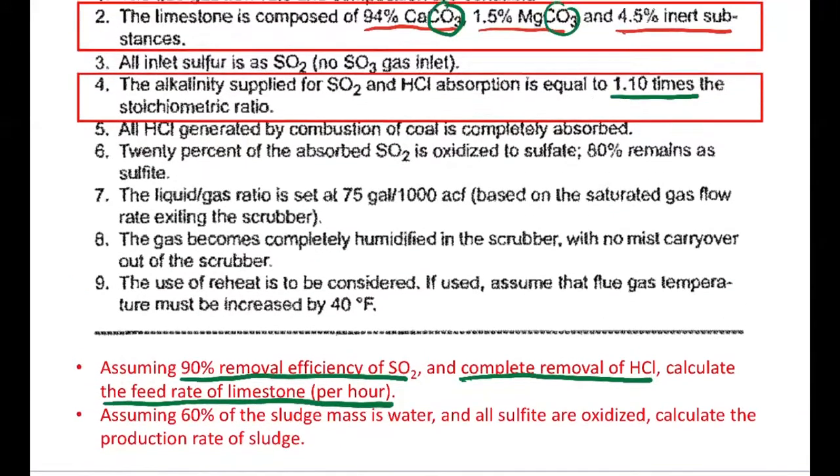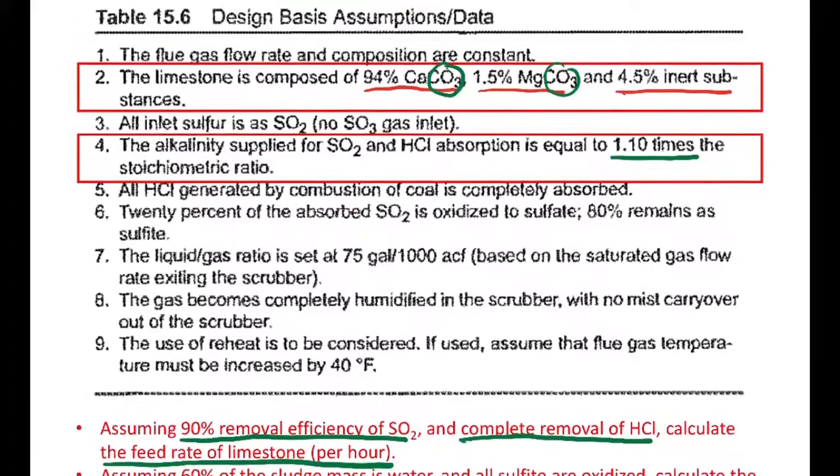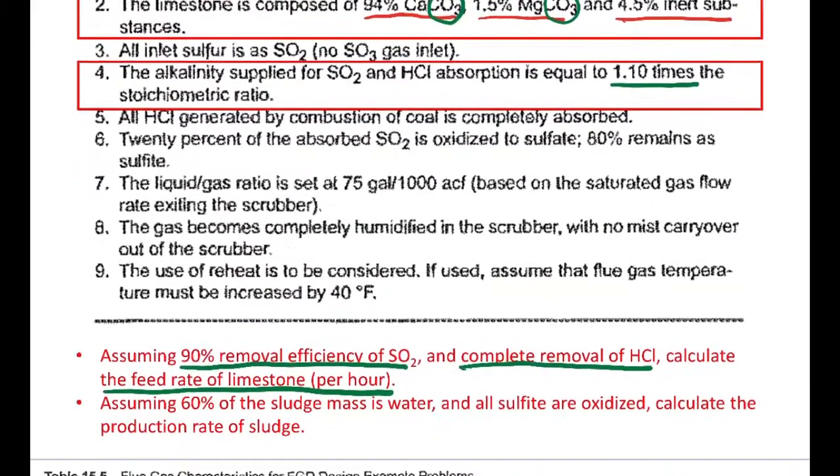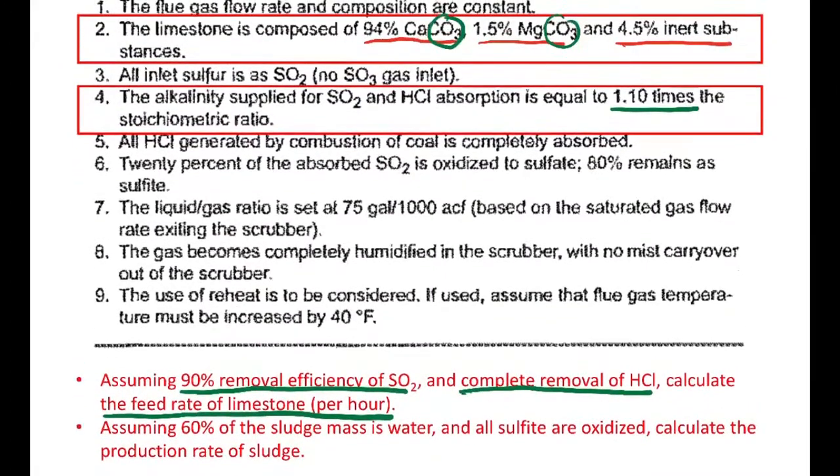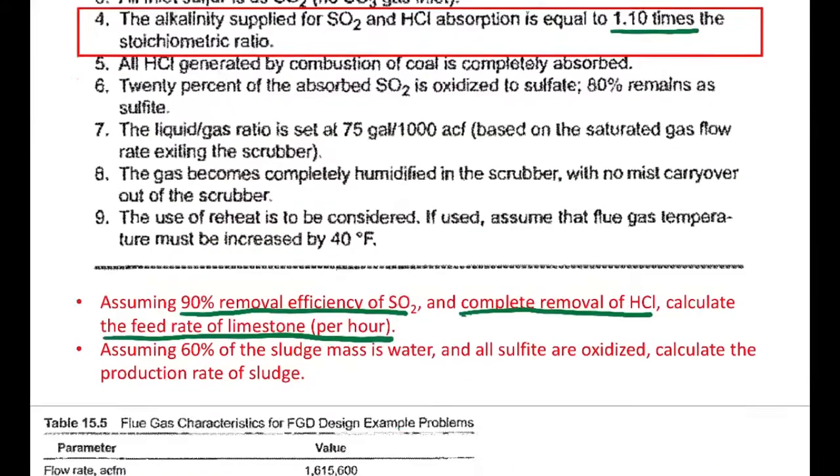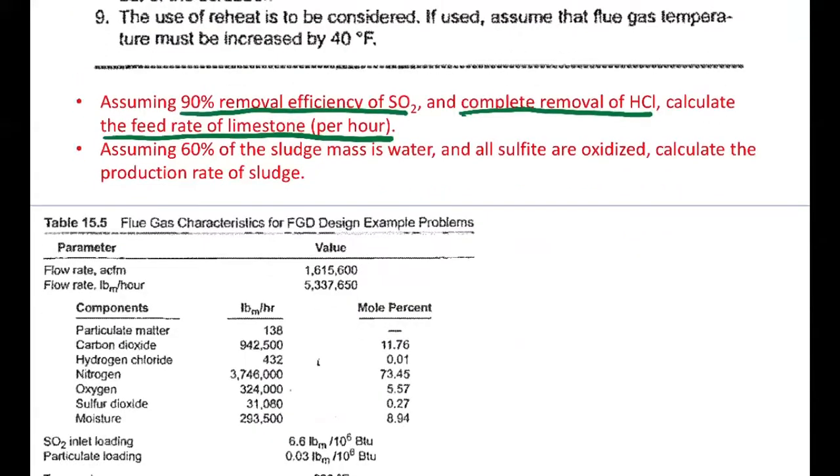Maybe we can put some thoughts on this problem for a little bit. I don't want to directly write down the solutions for this problem. The general idea is we know the sulfur dioxide and hydrogen chloride that we have to control.